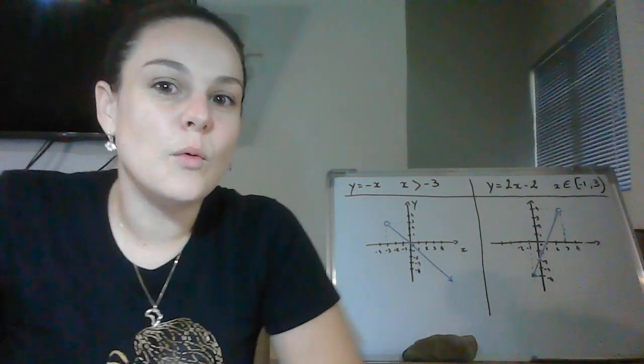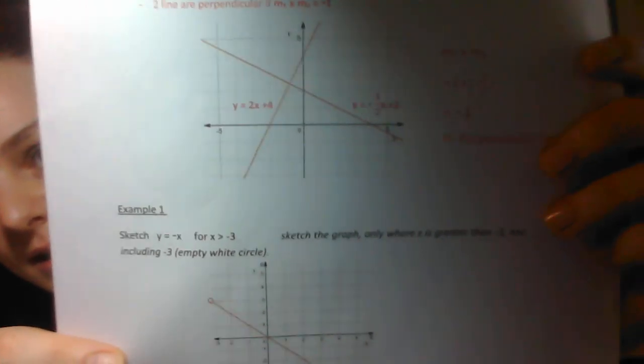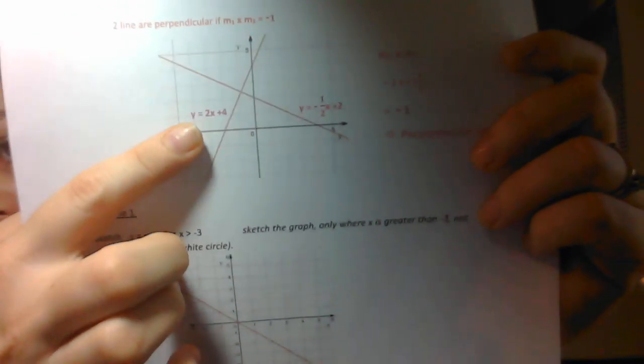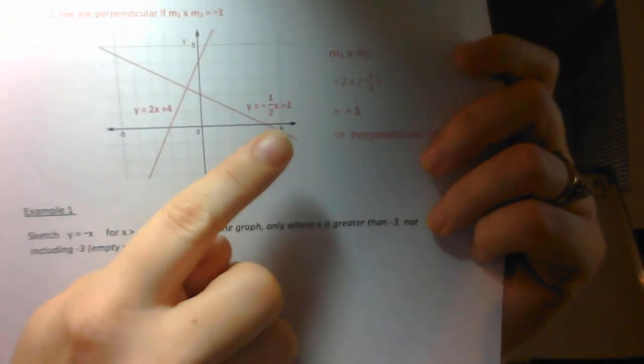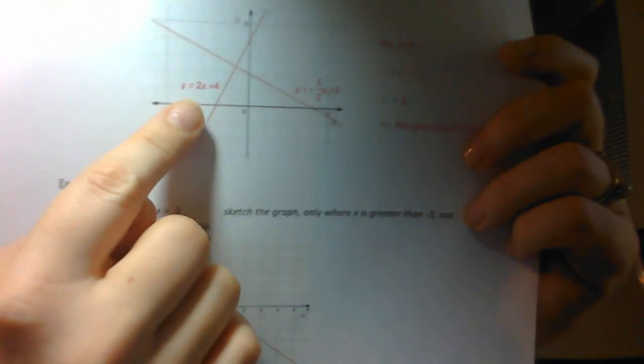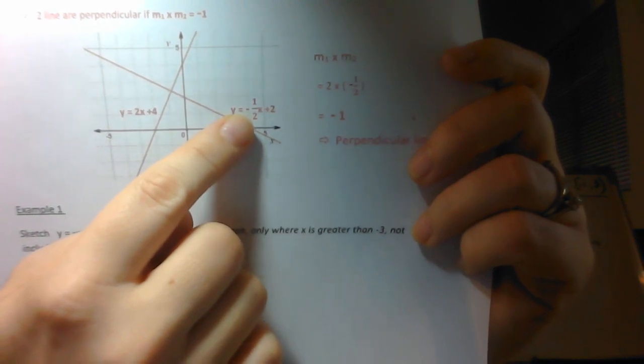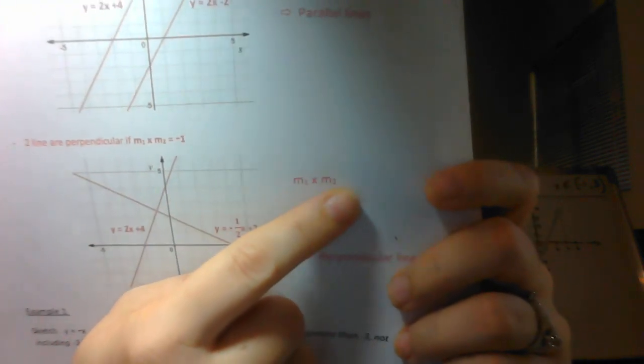So, if they ask you whether y1 and y2 are perpendicular, then you take the gradient of each. So for instance, in this example, first one, y equals 2x plus 4. Second one, y equals minus a half of x plus 2. So gradient 1 is 2, gradient 2 is minus a half. So now I just need to apply that formula. m1 times m2 equals what?